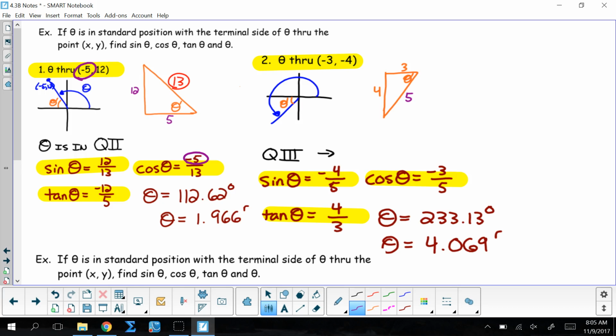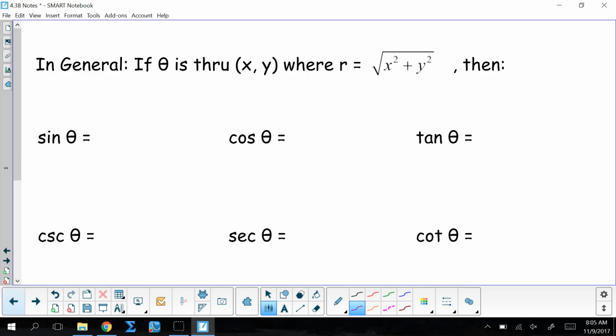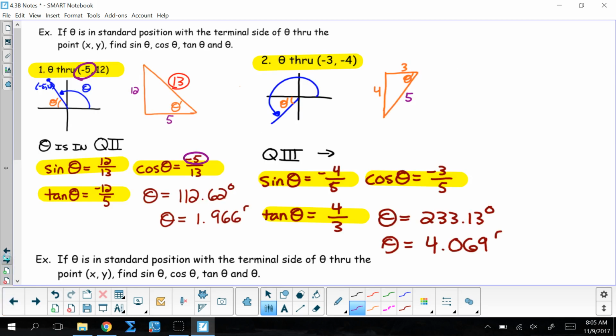More importantly, and we'll verify this here on this next one, okay? In general, if theta is through x comma y, and r is the square root of x squared plus y squared, because that's the Pythagorean theorem to find that hypotenuse, right? That's the first thing that we did yesterday on all of these.